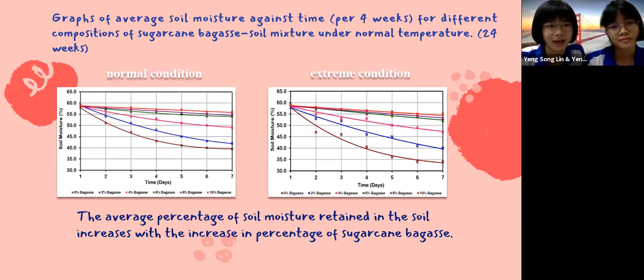We can see that under normal and extreme conditions, the soil moisture retained by the control sample dropped rapidly. But with sugarcane bagasse, it managed to maintain the soil moisture at around 40% to 60%. And we can also see that the higher the percentage of bagasse in soil, the more water is retained.